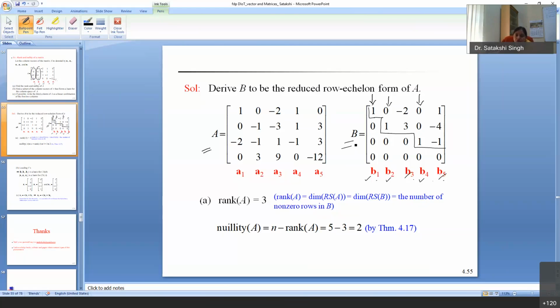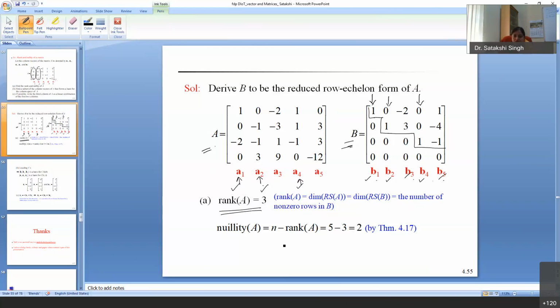This is the row reduced form, and in the original we had the corresponding vectors a1, a2 and a4. So we will say that our given vectors a1, a2 and a4 are linearly independent. So the rank of the given matrix will be the number of linearly independent vectors in the given matrix. So the rank of this matrix A is equal to 3.